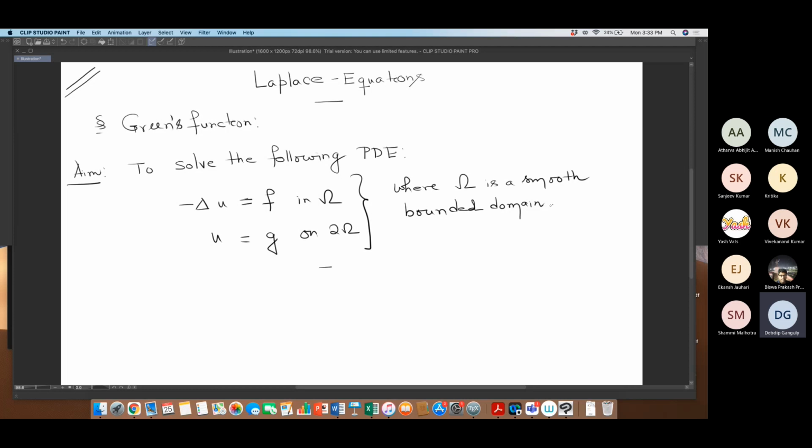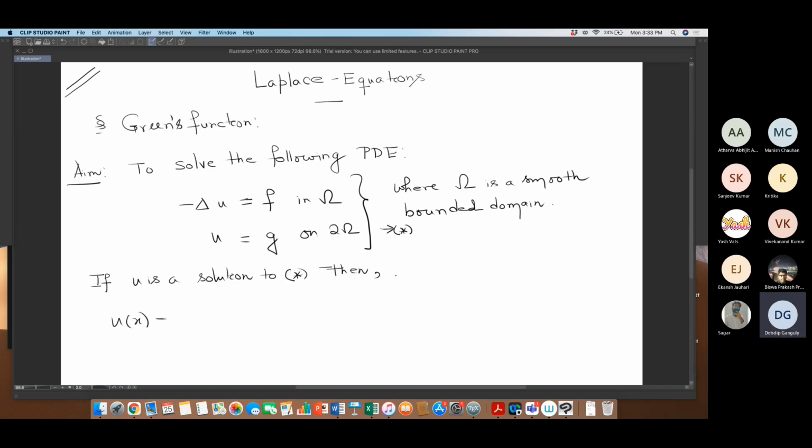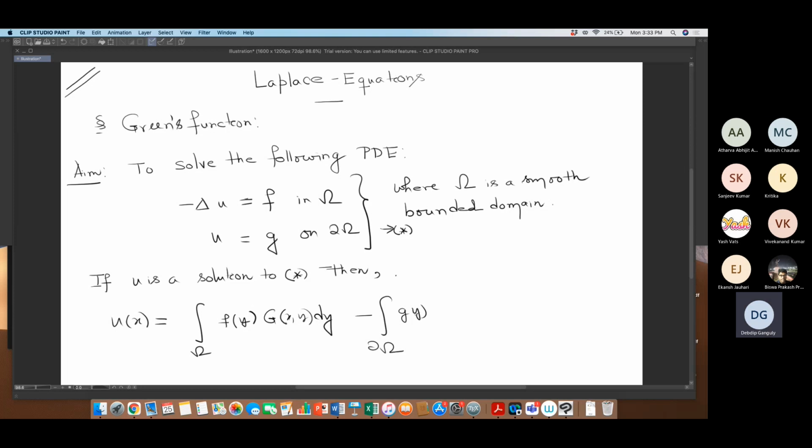So we see that if u is a solution to the above problem, let's say star, then u of x will be given by a representation: integral over omega of f(y) G(x,y) minus integral over del omega of g(y) del G by del nu.